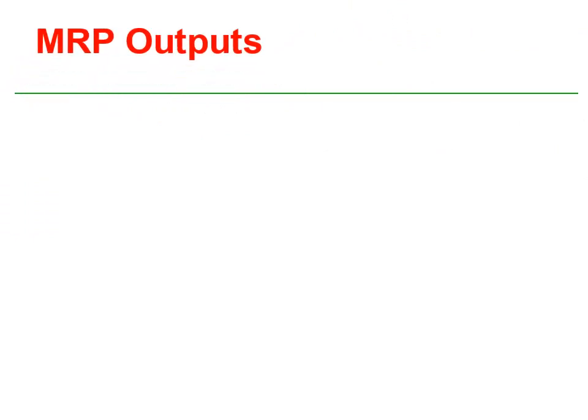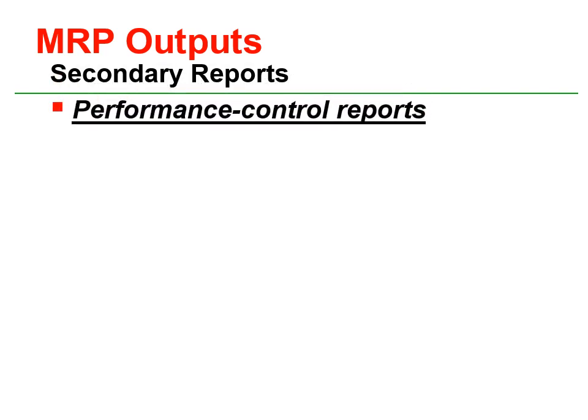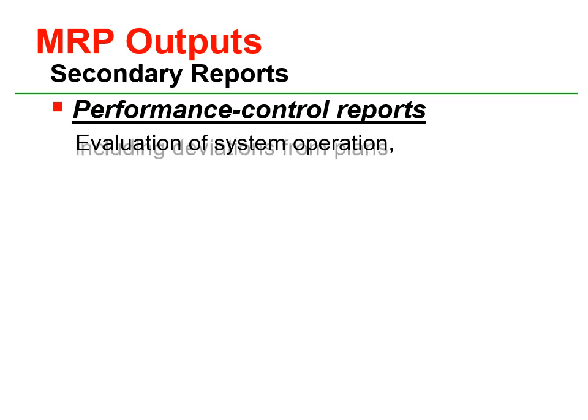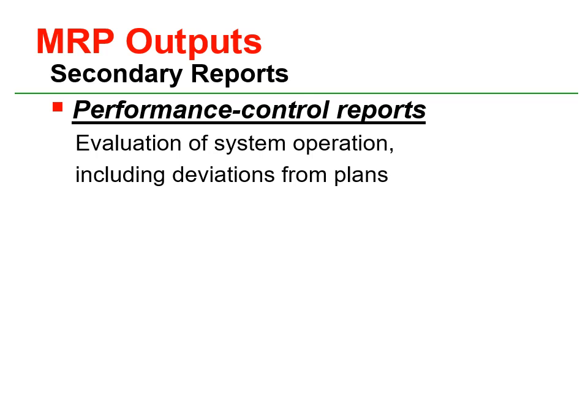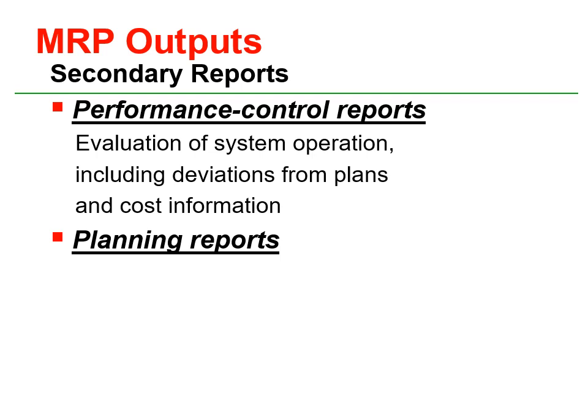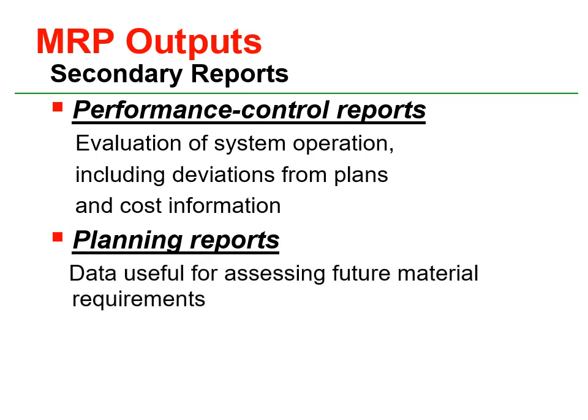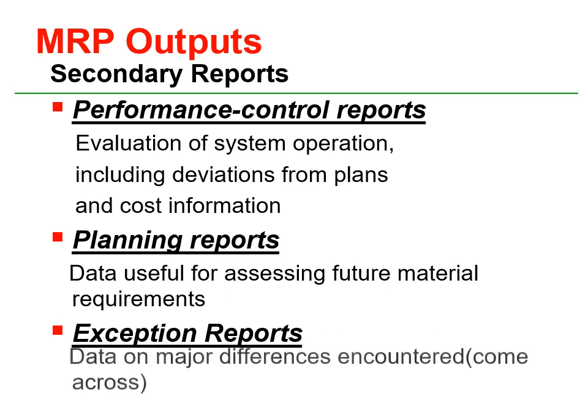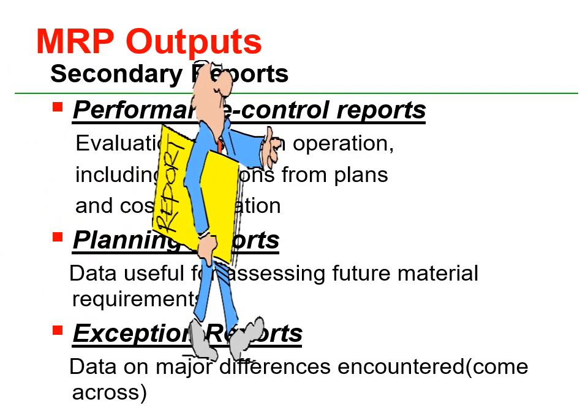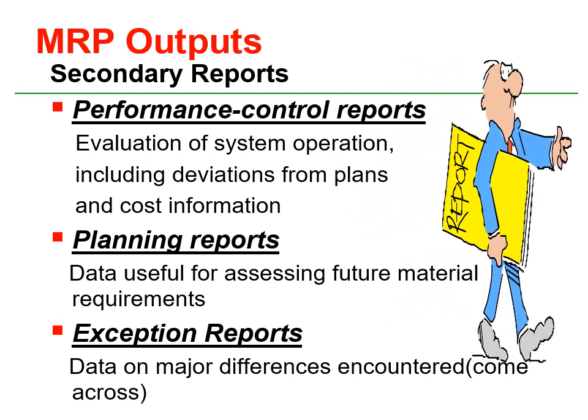Material requirement planning outputs for secondary reports include performance control reports, evaluation of system operation, including deviations from plans and cost information; planning reports, data useful for assessing future material requirements; and exception reports, data on major differences encountered.